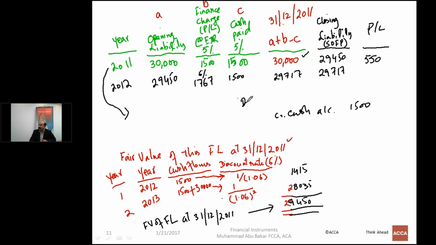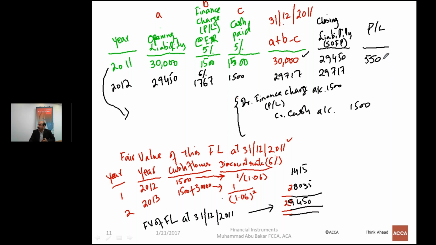And debit finance charge in the profit and loss account, which is 1500. Because both are the same, there is no balancing figure. Had there been any balancing figure, that would have gone to the financial liability.